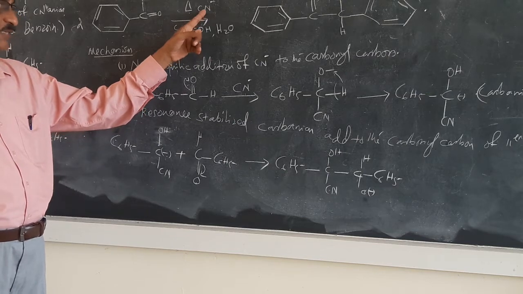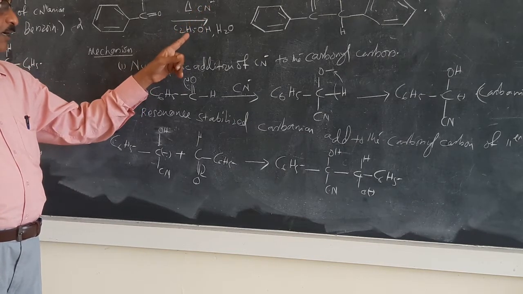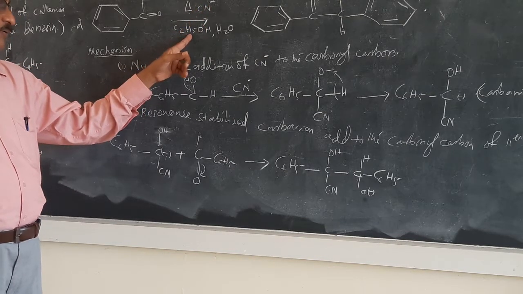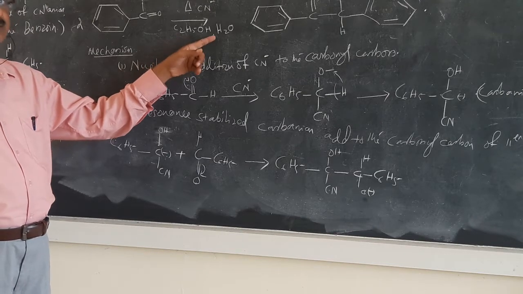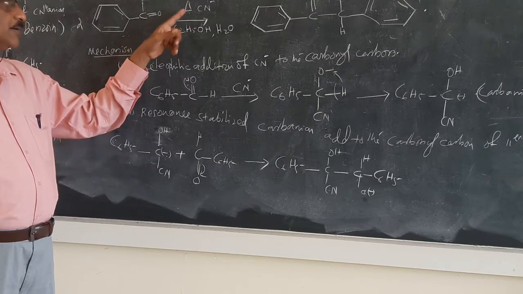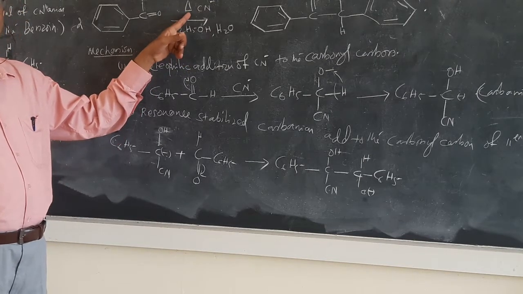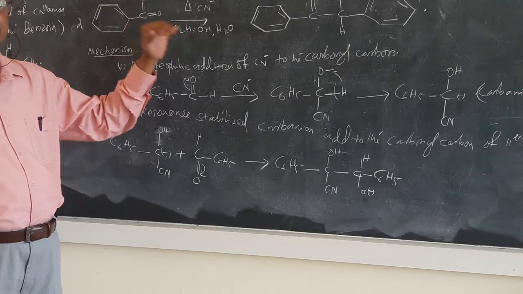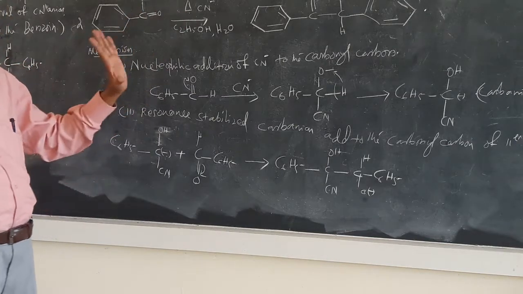That's why I have written CN minus. In presence of ethyl alcohol, that means dilute ethyl alcohol containing water, at a given temperature. You have to apply a certain temperature, not a high temperature, more than room temperature.